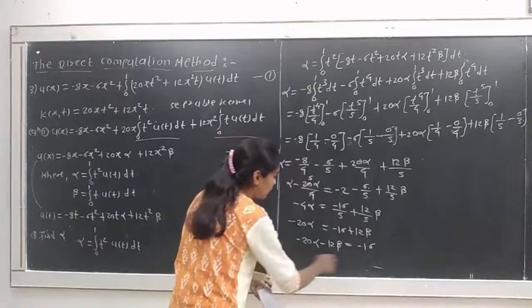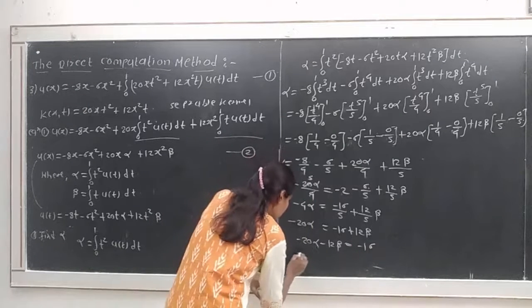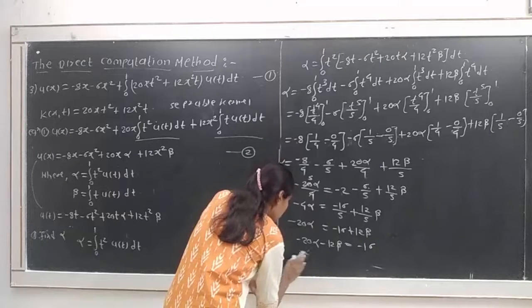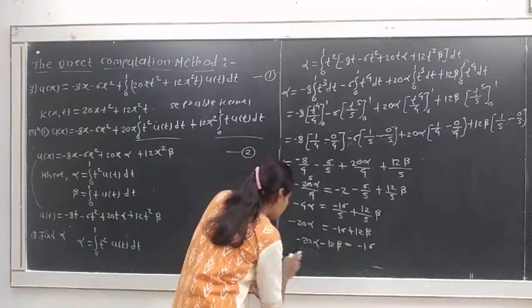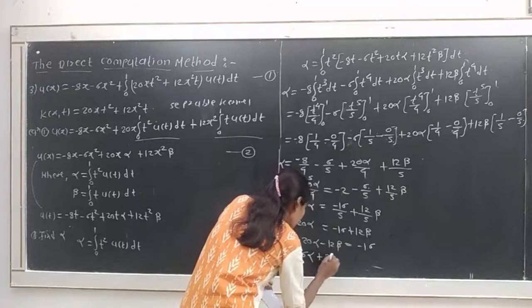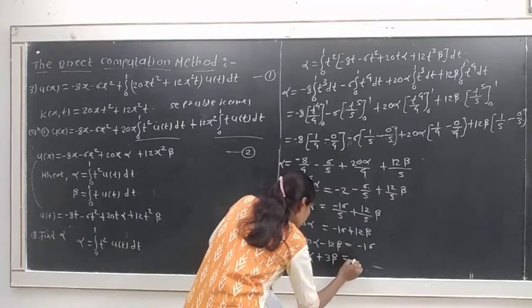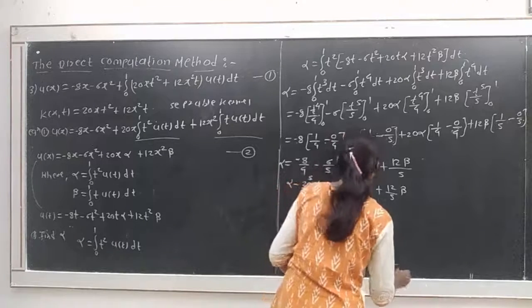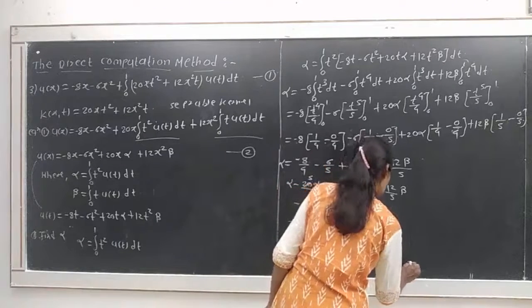Again, if we divide throughout this equation by 4, and also multiply by the minus sign, this equation becomes 5 alpha plus 3 beta is equal to 4. Take it as equation number 3.